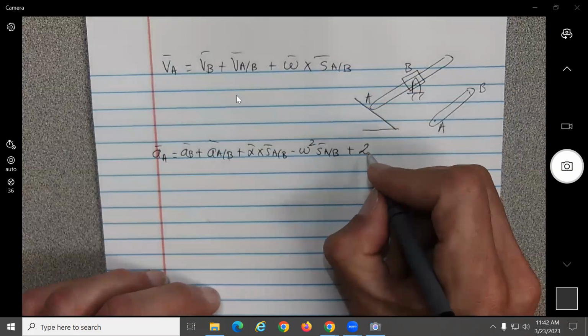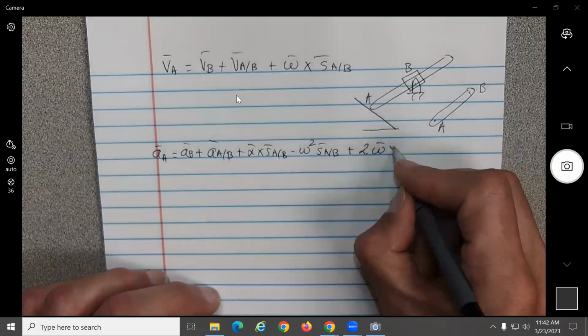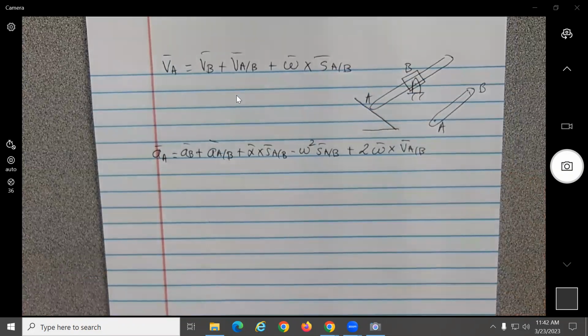That one I never remember, is 2 omega cross velocity of A with respect to B. I think it's plus, but I think it's minus when you put the velocity first. Do you have that equation with you guys? Yeah, it's plus that way. But I will give you these two equations, all right?